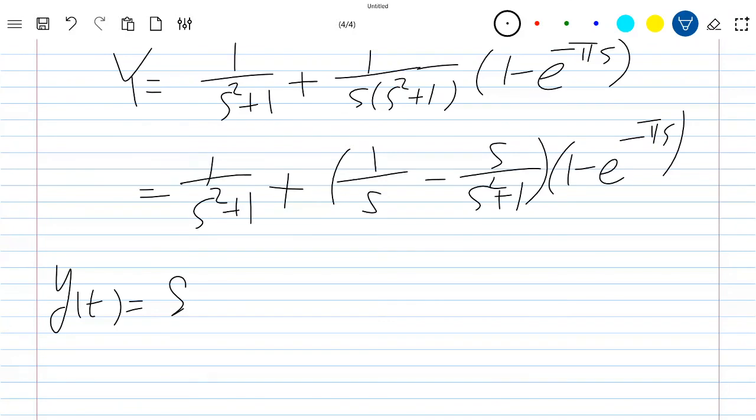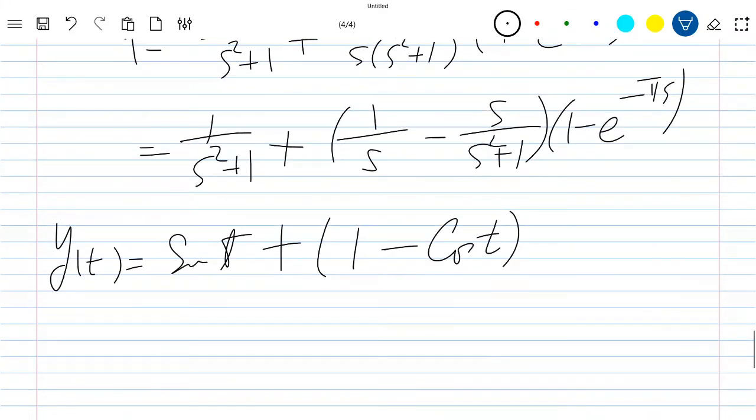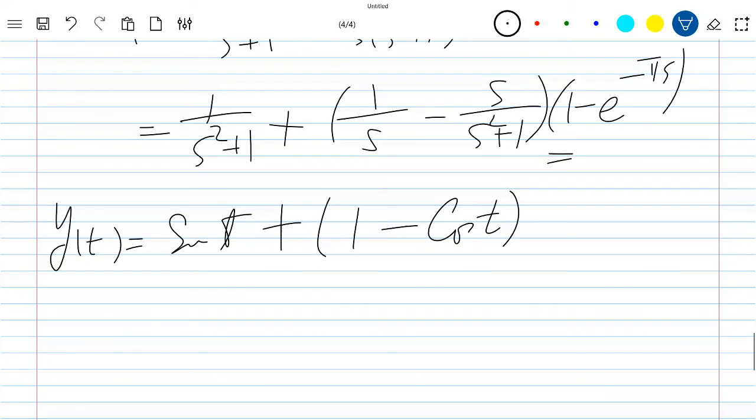This will give you sine of t, and that will give you 1 minus cosine of t, and that is for the 1 part. How about the exponential part?